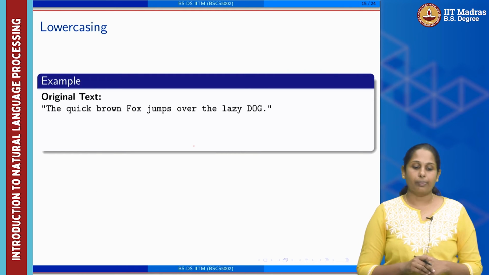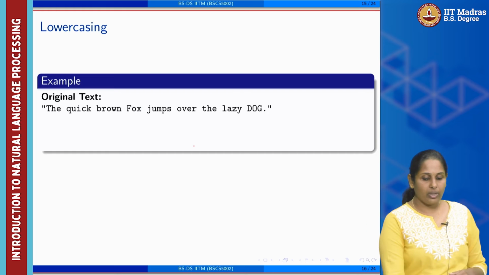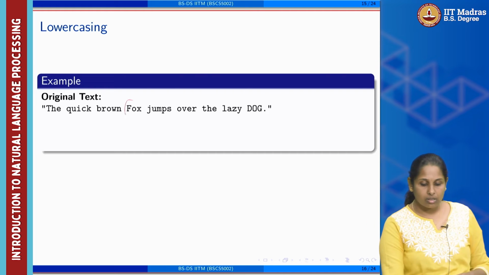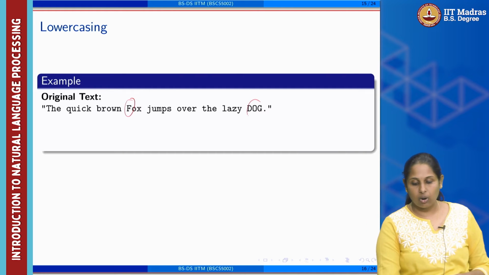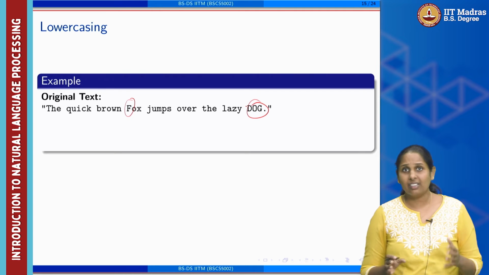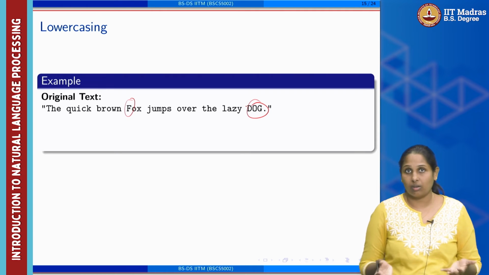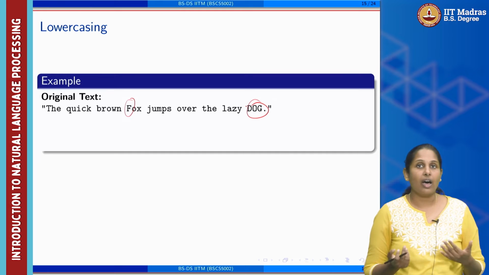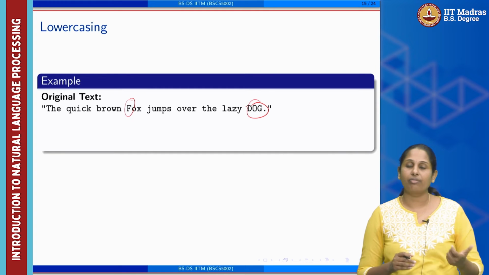So, for example, take a sentence like "the quick brown fox jumps over the lazy dog", let us say it is written in this way, right. Normally, we do not write it so, because fox and dog are not proper nouns, nor are they the start of a sentence.